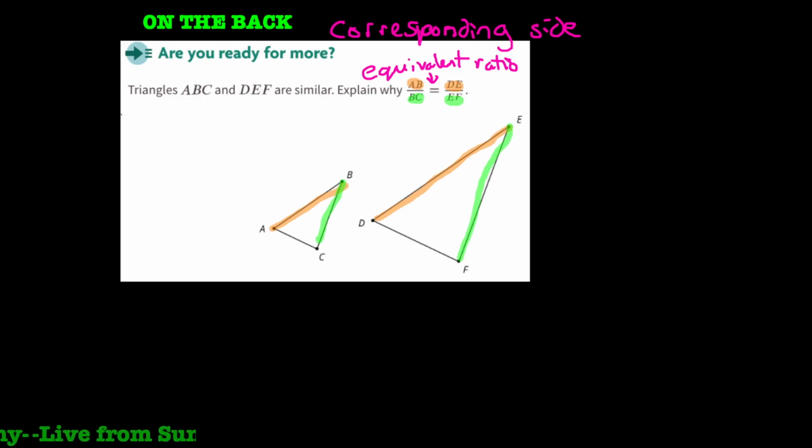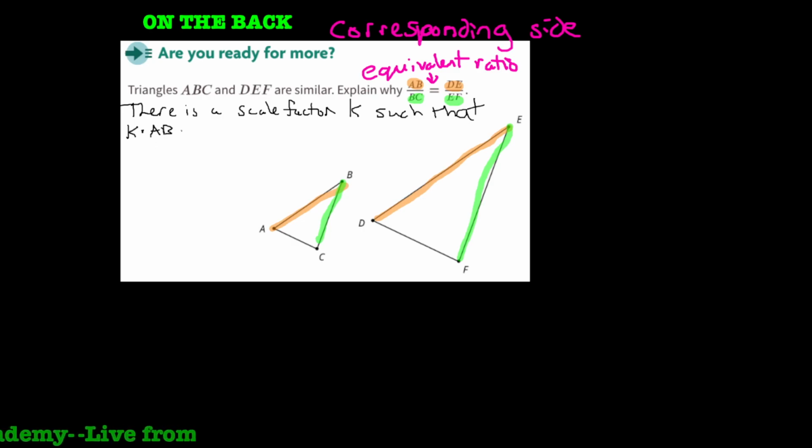I could say there is a scale factor, let's say scale factor k, such that if we multiply it out, so k times AB, we would get that orange side DE.